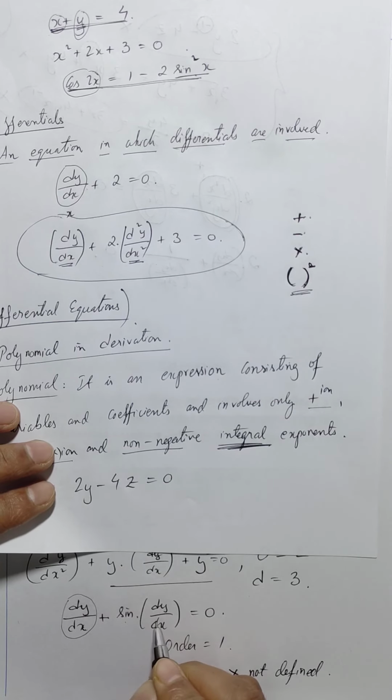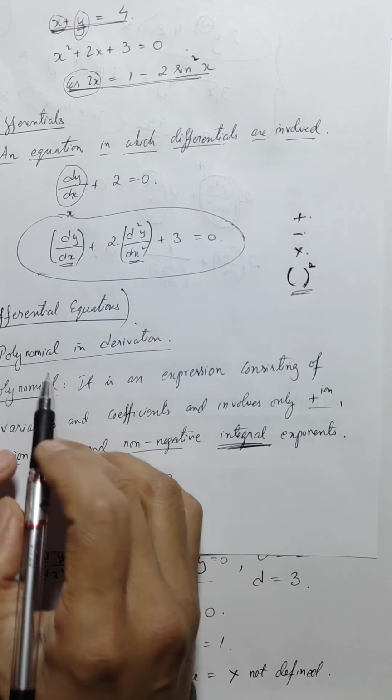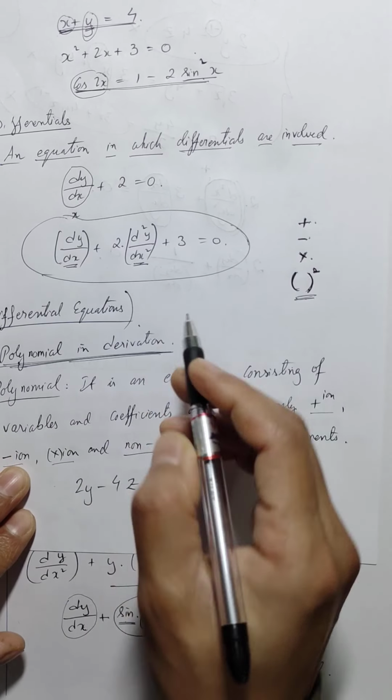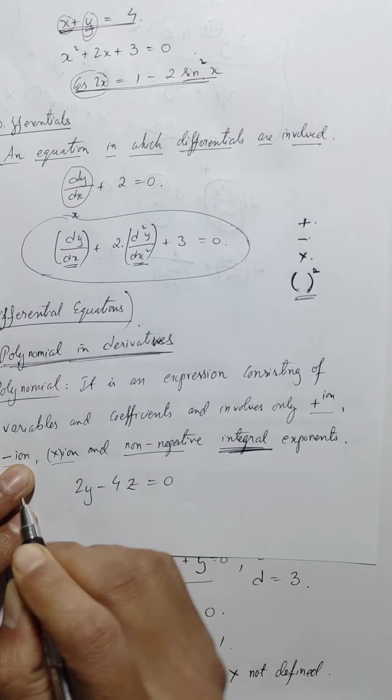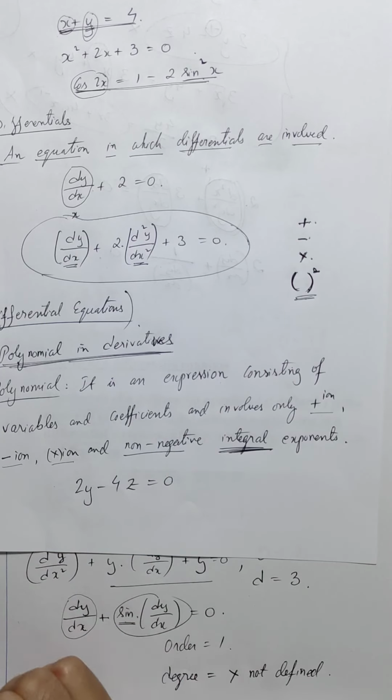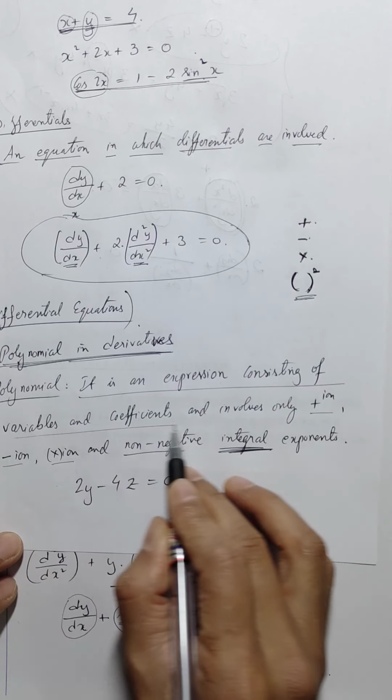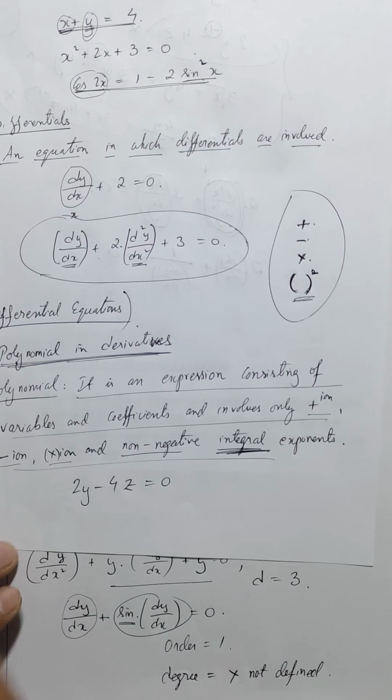What do I see here? On the differential, a trigonometric function is applied. So this is not allowed. Remember, polynomial in derivatives. It is an expression consisting of this. Now I'm going to confuse you more.